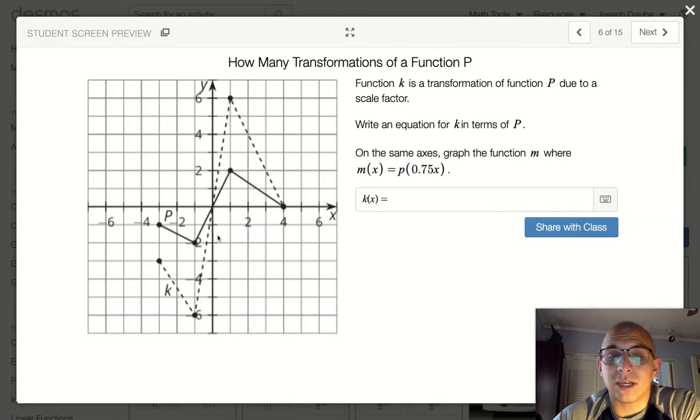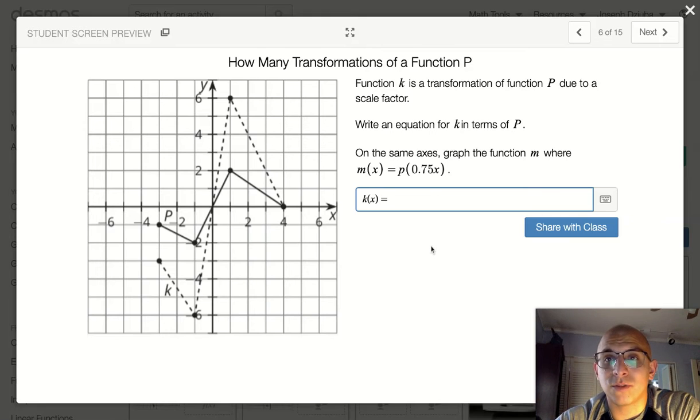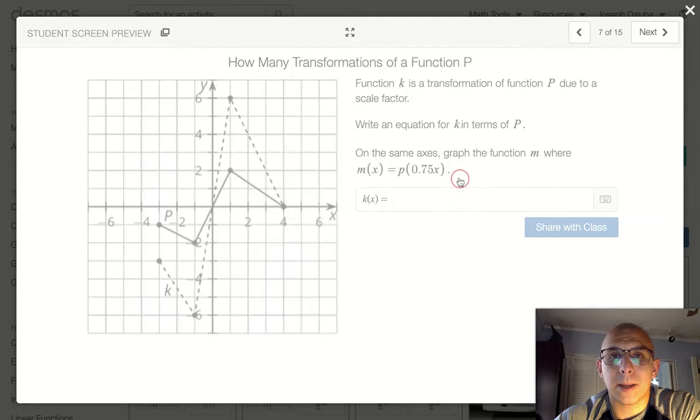Take a look at the inputs, take a look at the outputs, and consider what is changing here. At this point, we've been working with transformations for quite some time, so you should have at least some idea. But if you don't, make sure you ask questions. And then make sure you sketch a graph of the function m for this particular graph.